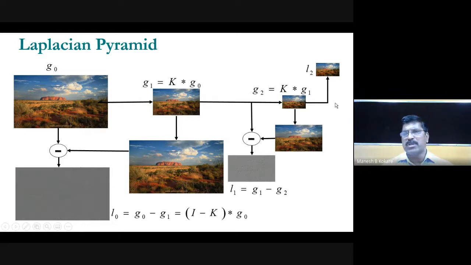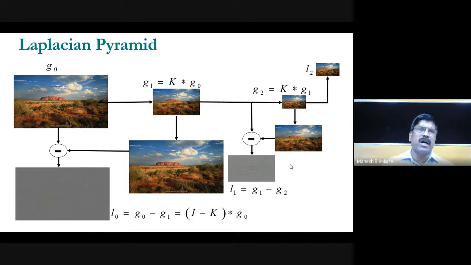The same procedure is repeated, and you get the low pass as well as high pass representation of the image, and in the high pass you get the edges detected. So with various scales you get the edges detected, and in that way, at multiple scales you can detect the edges.